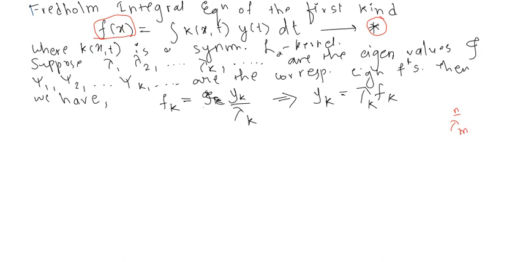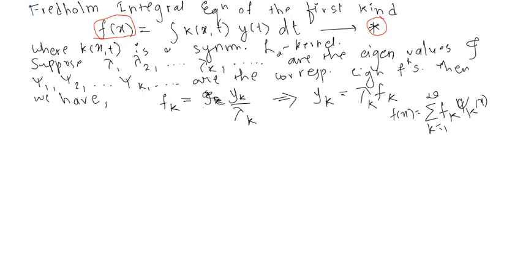It was saying that if f of x is a function satisfying all these conditions, and we know the eigenvalues and eigenfunctions of the kernel K(x, t), then we can write this f of x in the form of a series, f_k times xi_k of x, k going from 1 to infinity. That is what the Hilbert-Schmidt theorem said.